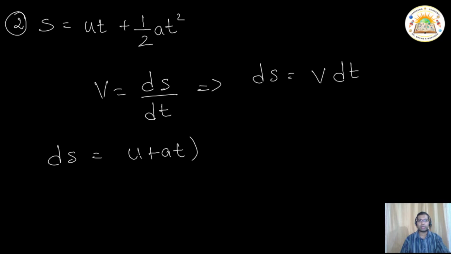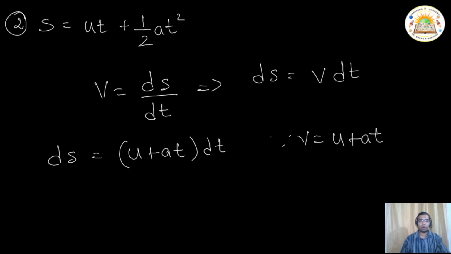So on rearranging, I will get this as ds is equal to v dt, or ds is equal to u plus at times dt. Since we already derived the first equation, v is equal to u plus at.